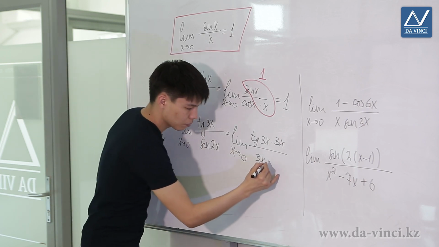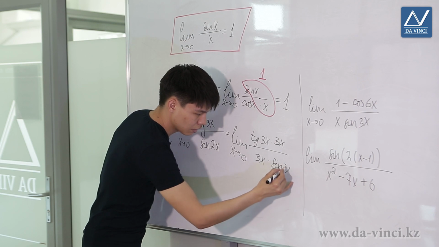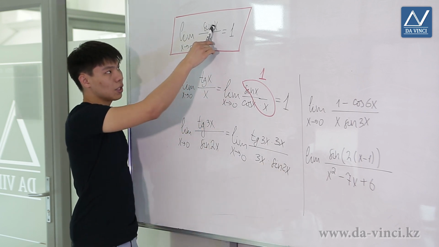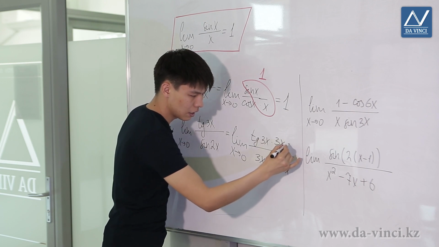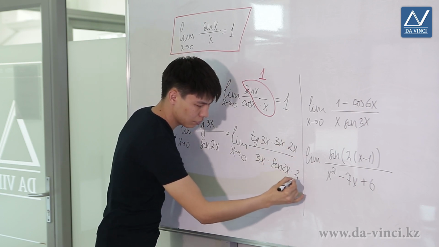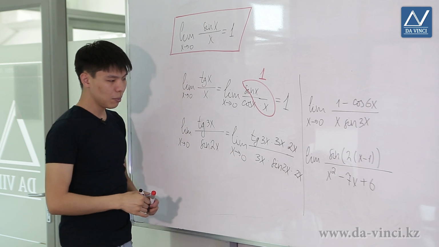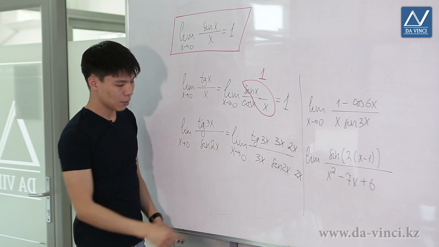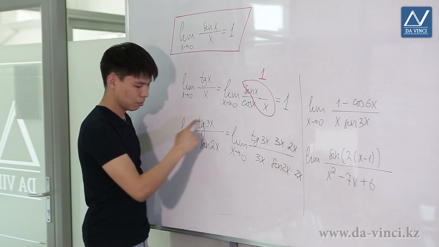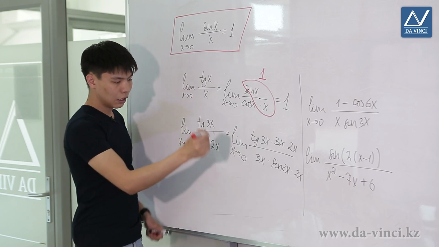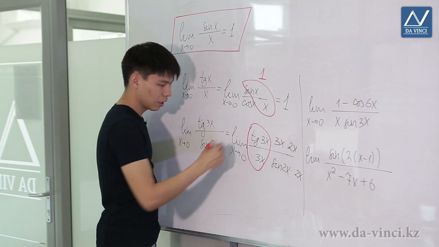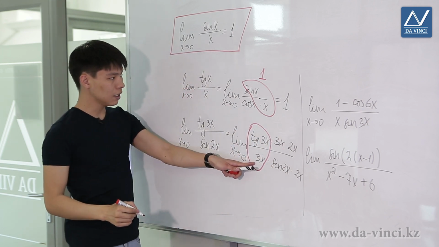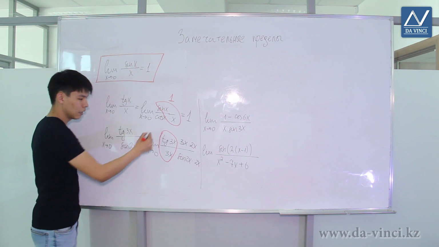Sine of 2x, we have sine x divided by x. Here is sine of 2x, so 2x is missing. I will add 2x above and 2x below. So far, nothing has changed. I can reduce 3x, reduce 2x, and get the initial expression. But we can see the following in this form. The tangent of 3x divided by 3x is like the tangent of x divided by x.